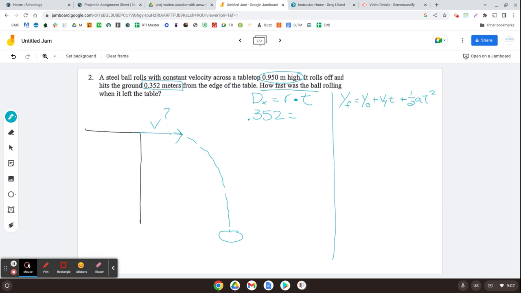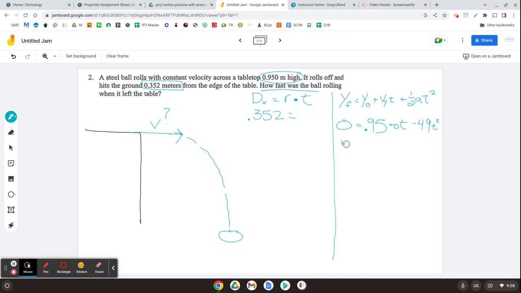Now, we know that this thing is going to end up on the ground after some amount of time. We know that it started, very reasonably, at 0.95 meters. There is no velocity in the y direction, or the velocity in the y direction is 0. And the acceleration in the y direction is due to gravity, and it's listed above.